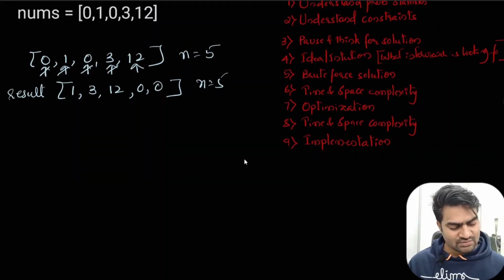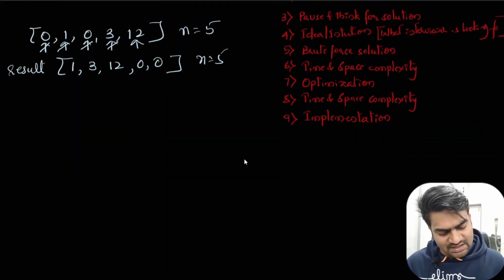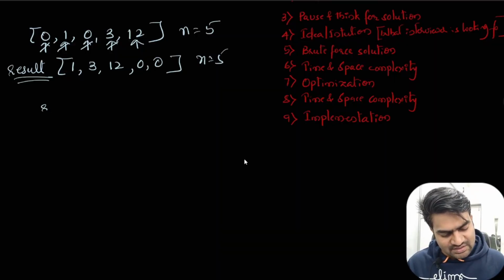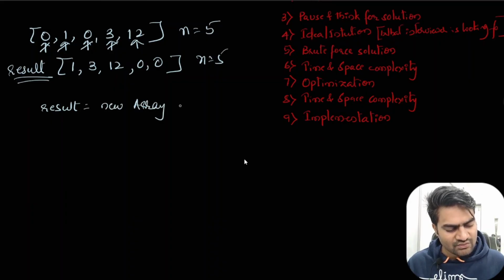Okay. So now let us see the pseudocode for that. We need this particular result array, right? So result equals a new array of length n, where n will be nums dot length.